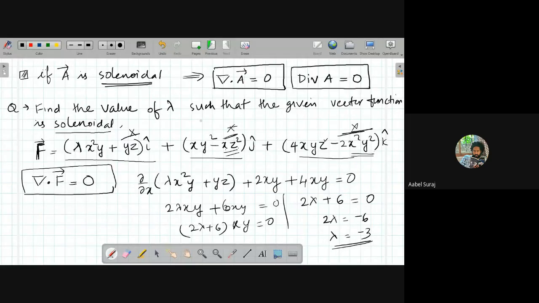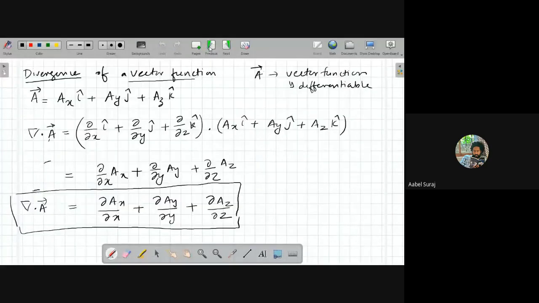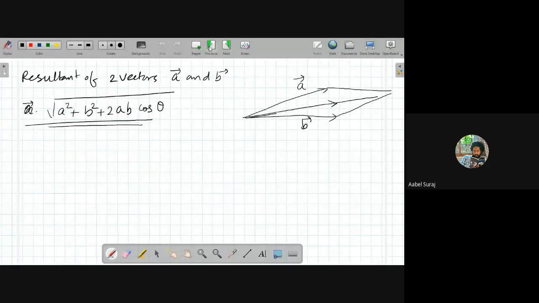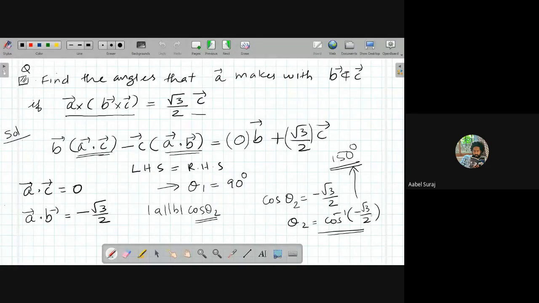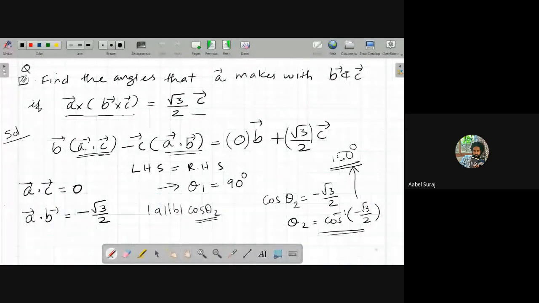Yes. Sir, after a few steps, A dot B equals minus root 3 by 2. Yes. After that, it's just converting that into modulus of A modulus of B cos theta. But what happened to that modulus A modulus B?